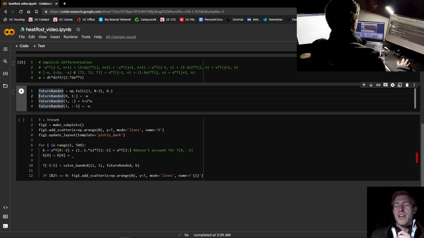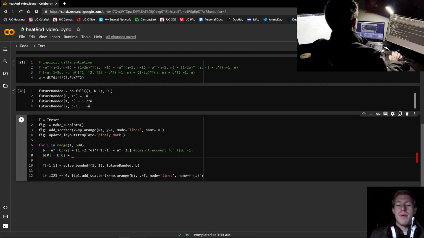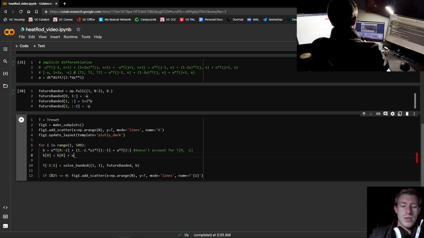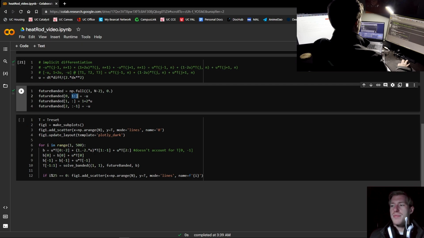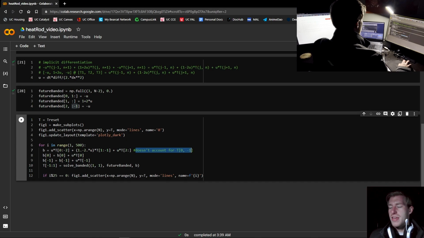I'm trying to find the correct words to explain this without having a visual example in front of me, which is kind of difficult. Essentially, we're going to add positive u times t of 0. And we're going to do the same for our final point down here. It's going to be b of -1 plus u times t of -1. Basically, just because of these gaps right here is the reason that we need to update this, because this doesn't account for those endpoints right there.